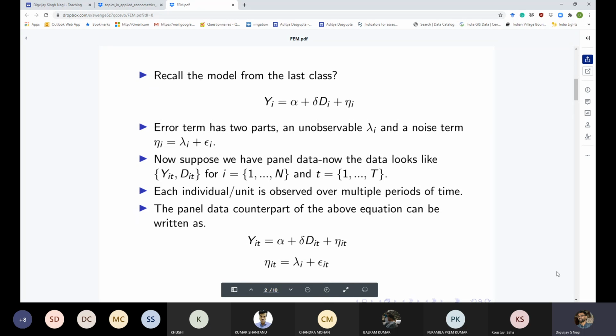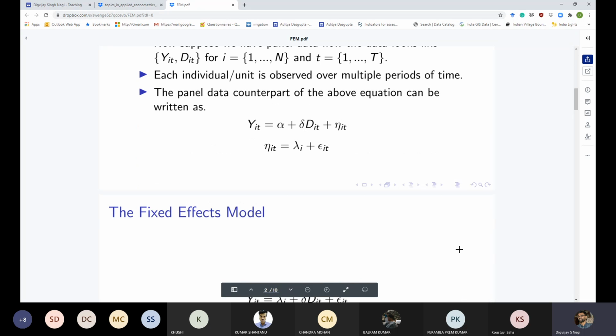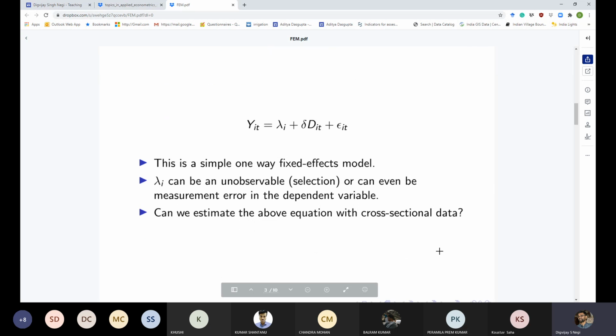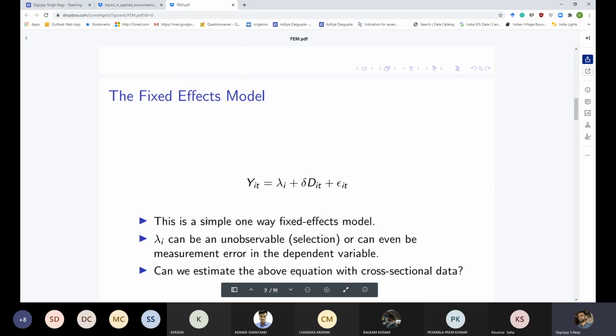Because we just have one slice of time. But the benefit of having panel data is that since we follow these individuals over time, we have multiple observations for each individual for different time periods. This lambda I can be explicitly factored into the regression or modeled into the regression.